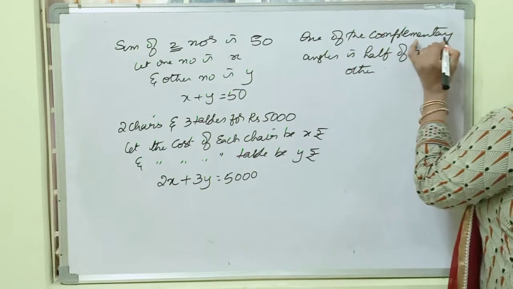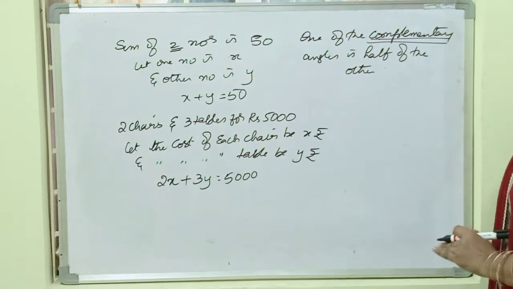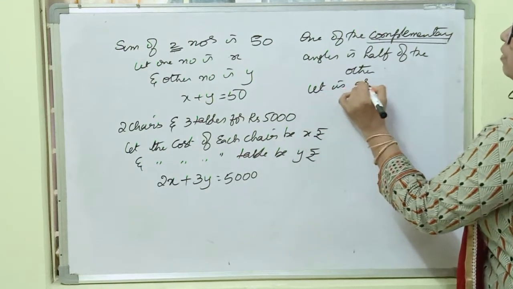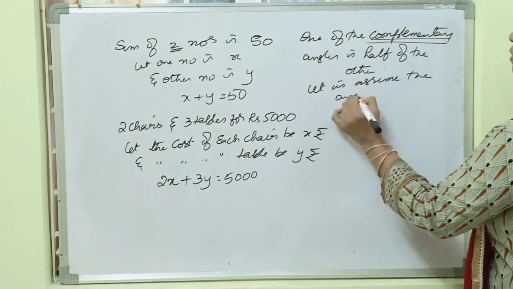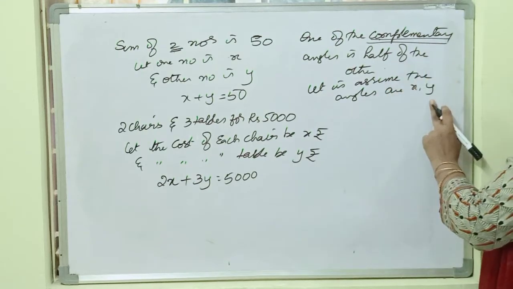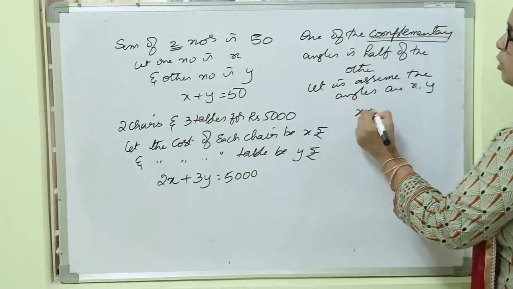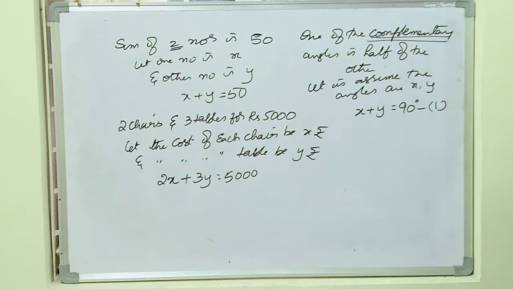Here, what is the first thing he has given to us? Complementary angles. We don't know what are those complementary angles. So let us assume the angles are x and y. Since they are complementary, what is the first equation we are going to write? Complementary implies the sum of the angles is equal to how much? 90 degrees. That is the first equation we got.